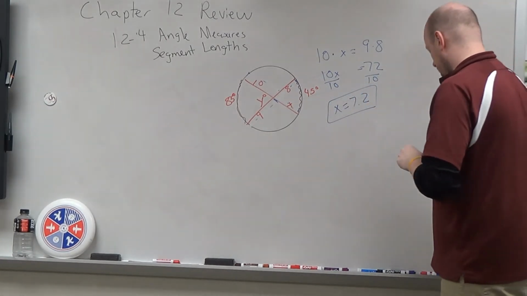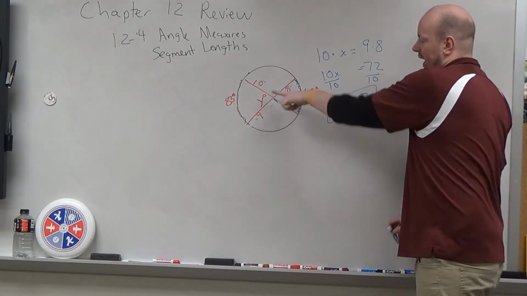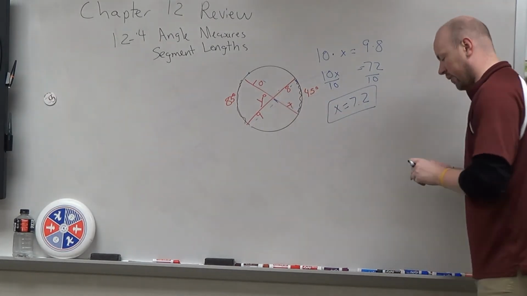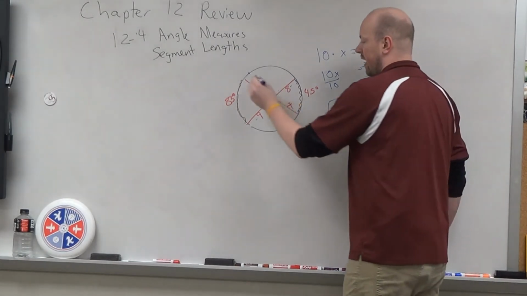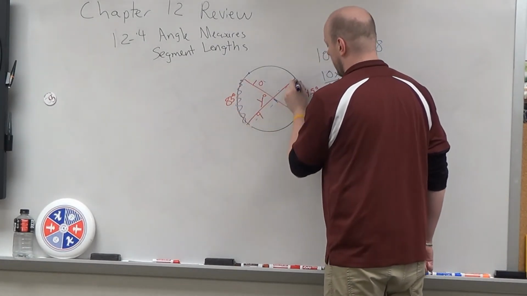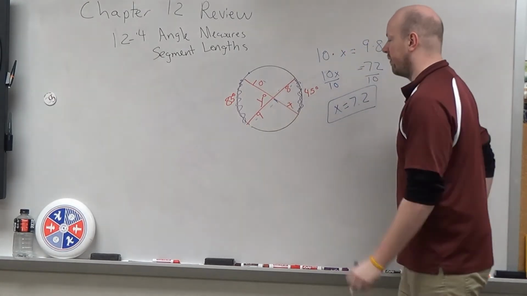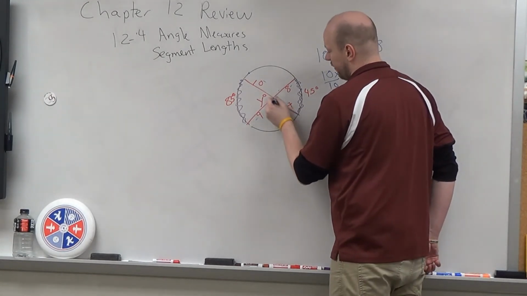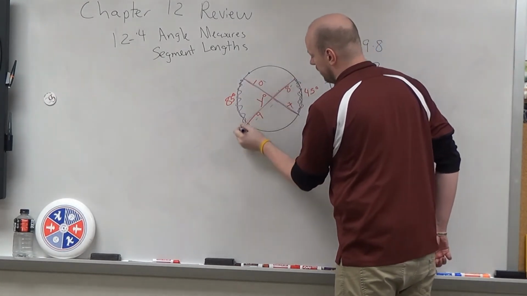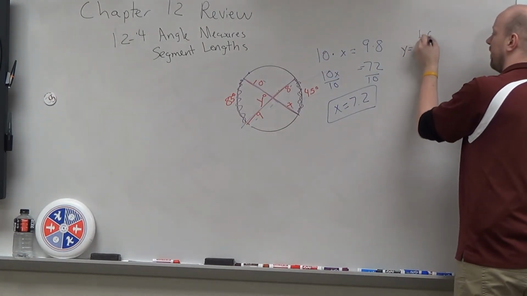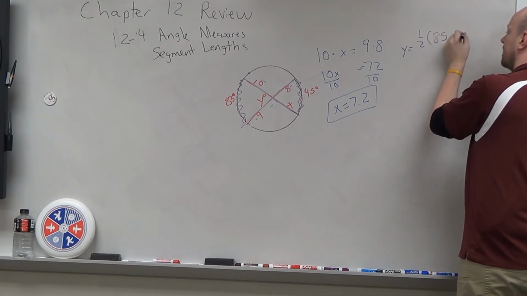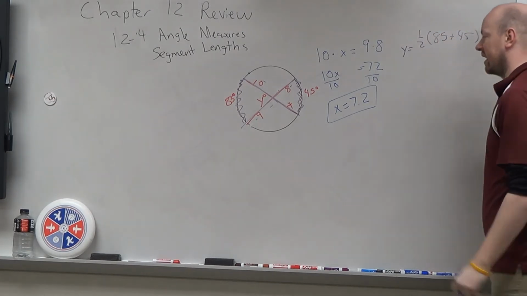Now y is a little trickier, because y is actually this interior angle. Whenever the lines intersect on the inside, the angle is the average of the sum of the corresponding arcs formed by those lines. So y equals 1/2 of the 85 plus 45 because it's on the inside.